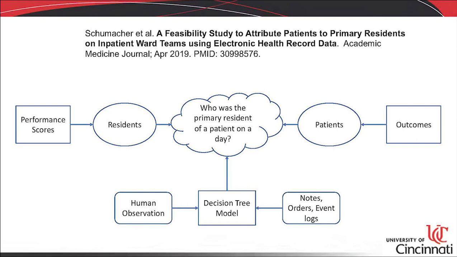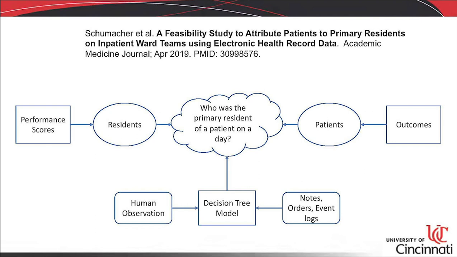And then we include the notes, the orders, who wrote the progress notes, who wrote the orders, and the event logs, those sorts of things, and created a decision tree that achieved reasonable performance. From that, we can have a bigger picture to link them together to answer the bigger question.